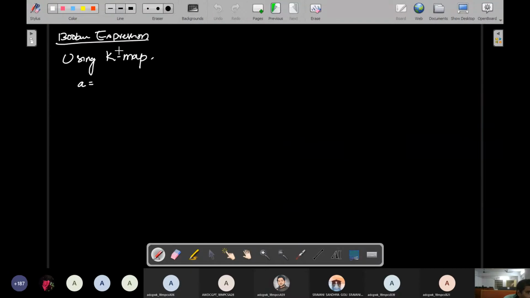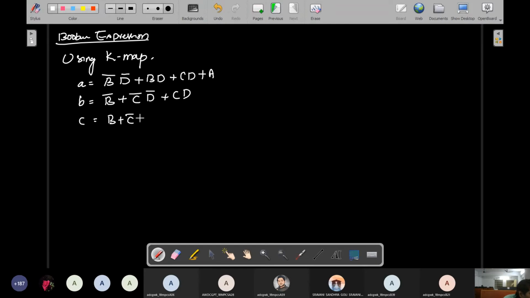Okay, understand? So small a is B bar D bar plus BD plus CD plus A. So this is the boolean expression for the first output a, and b is B bar plus C bar D bar plus CD, and c is B plus C bar plus D. So it is also represented as B bar C D bar whole bar by using De Morgan's theorem.